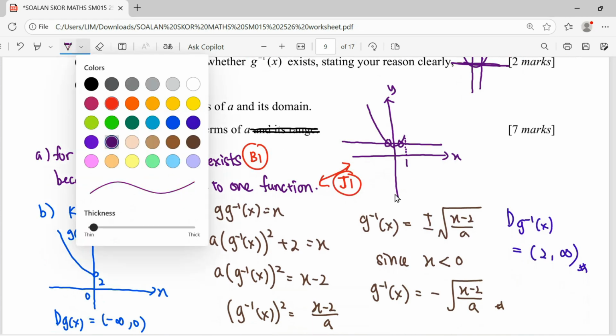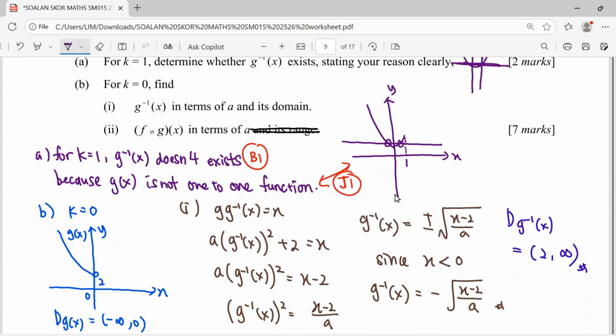When we draw the graph here, bear in mind to label the horizontal line dashed at 2 with the intersection points. So this is our g(x), the origin. Make sure you are clear about it. And this point is not included, so use an empty circle.